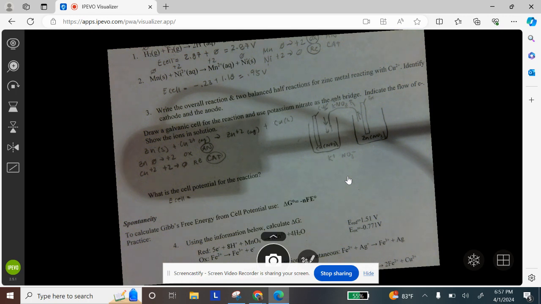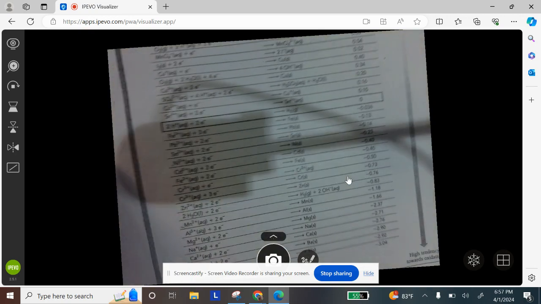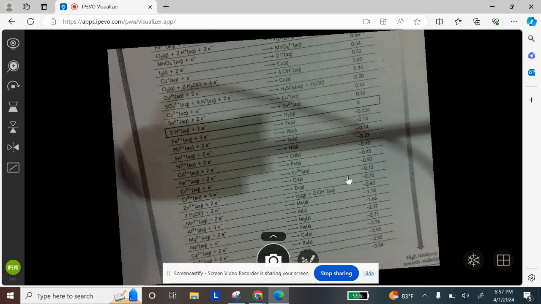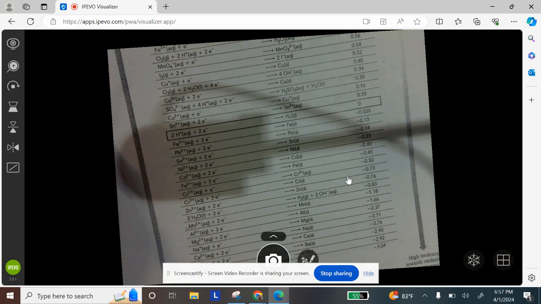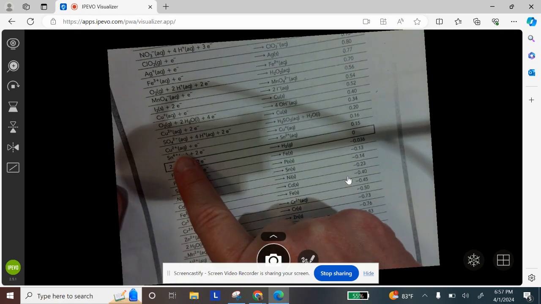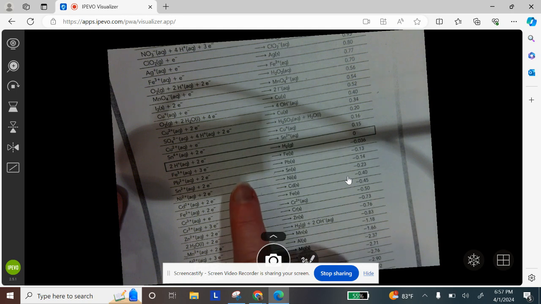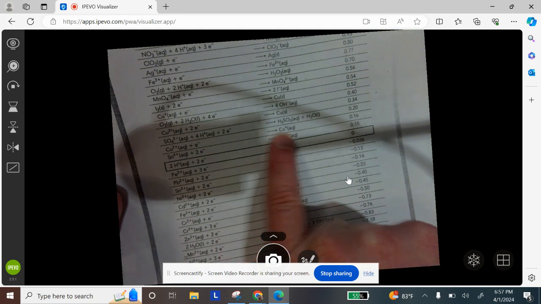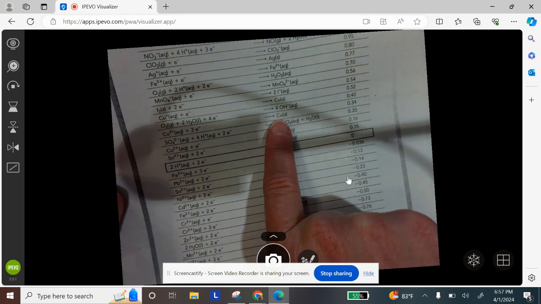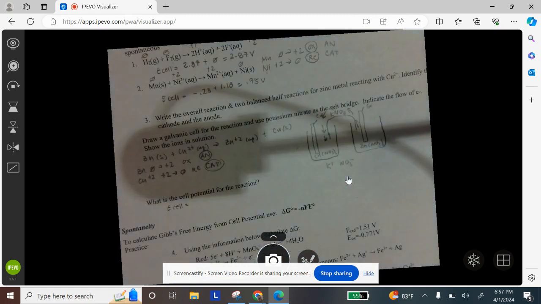So the cathode for ours is copper 2+. I'm just looking at my paper here. Sorry, I've got to find it. I swear it takes me 5 years to find things on here. Okay, so copper 2+. Be careful, because this copper here is copper 2+ going to copper 1+, but here it's 2+ to 0, which is what we want. So that's 0.34.